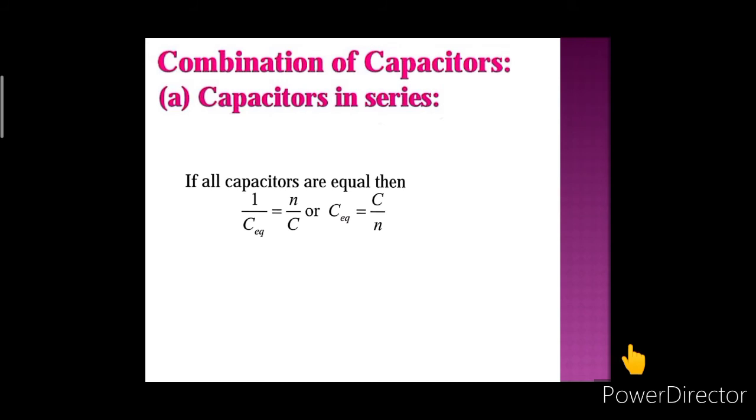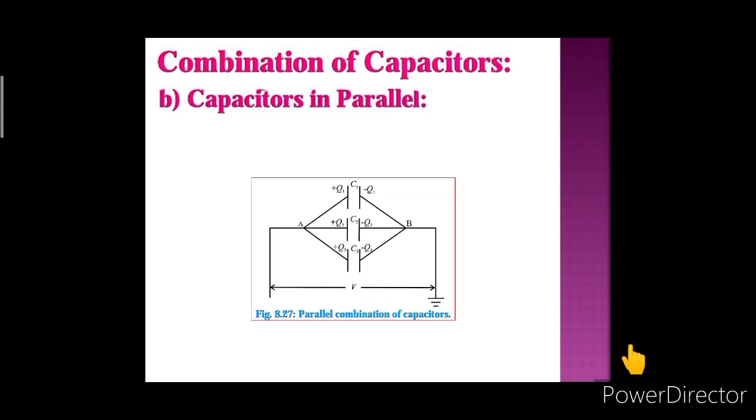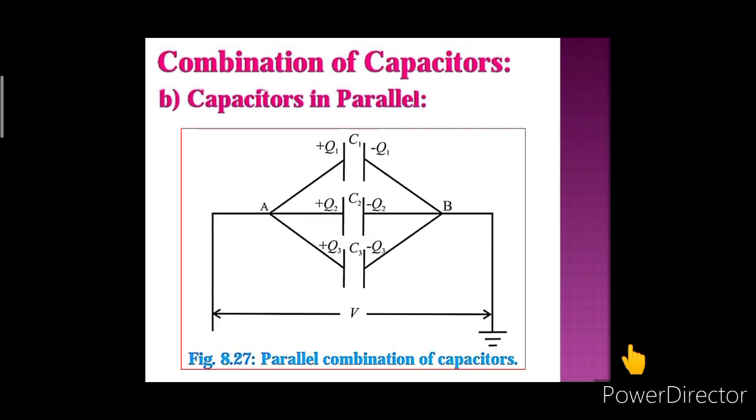Now, let's see the combination of capacitors in parallel. First of all, the parallel arrangement of capacitors is given over here in this figure, where the insulated plates are connected to a common terminal A, which is joined to the source of potential, while the other plates are connected to another common terminal B, which is earth.